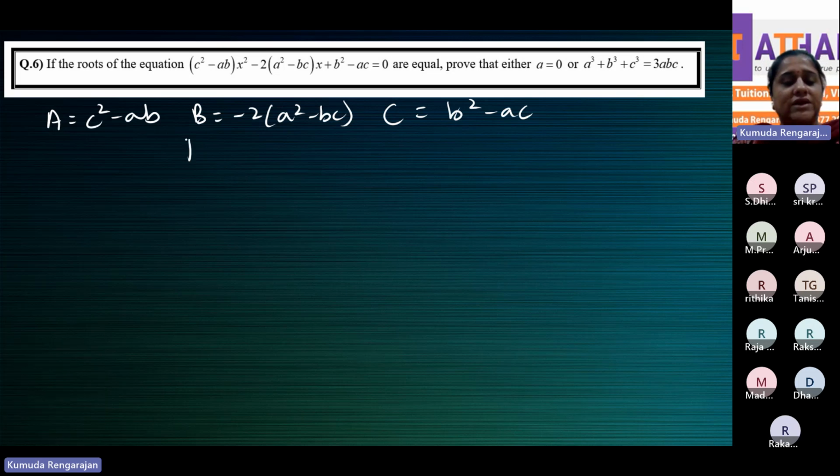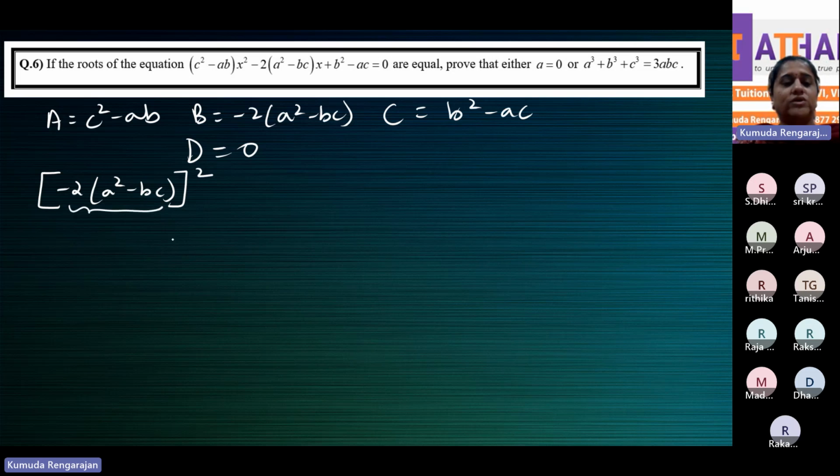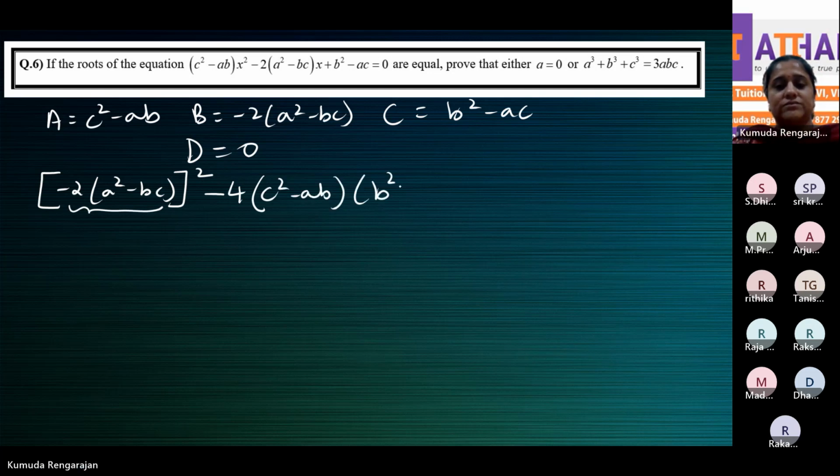Roots are equal only when D is equal to 0. That means B square minus 4AC is equal to 0. So I'll substitute that. This is B square, minus 2 into A square minus BC is B, minus 4 into A into C is equal to 0.